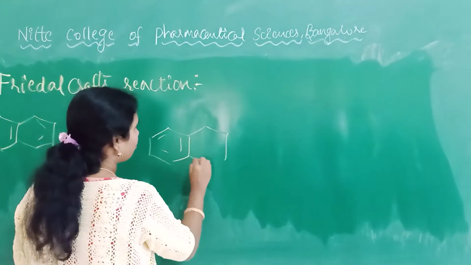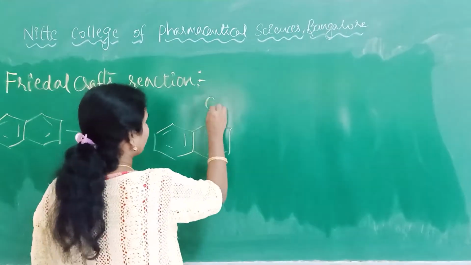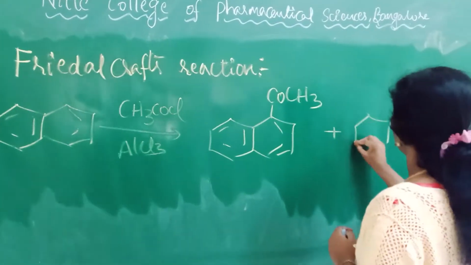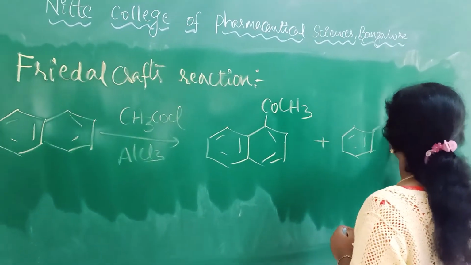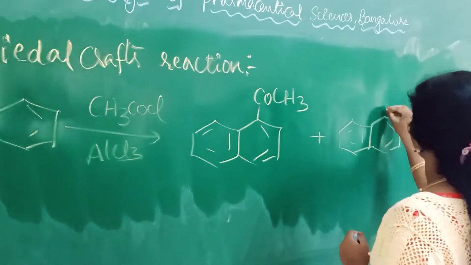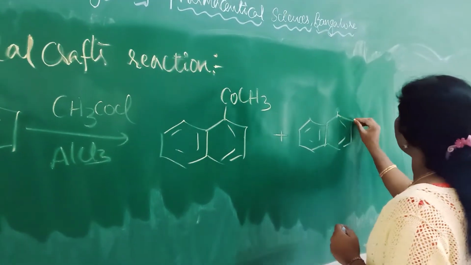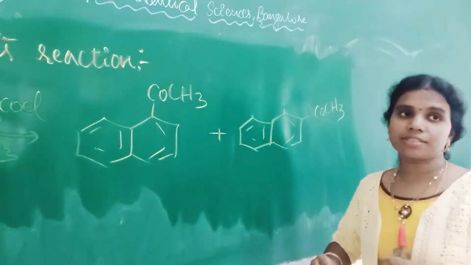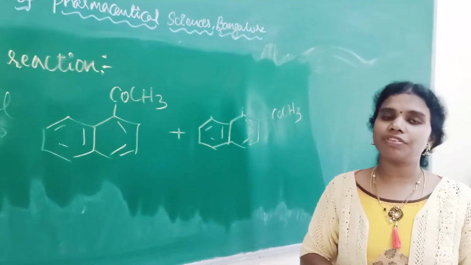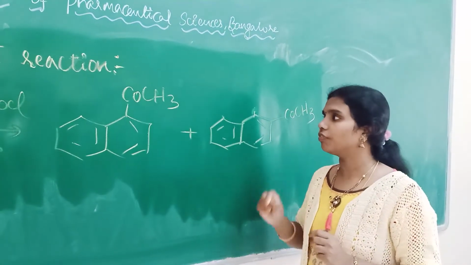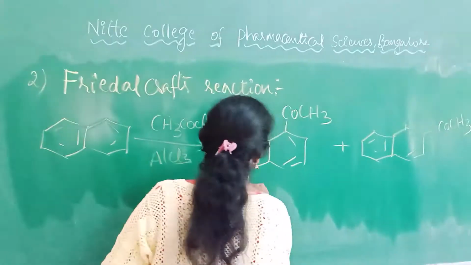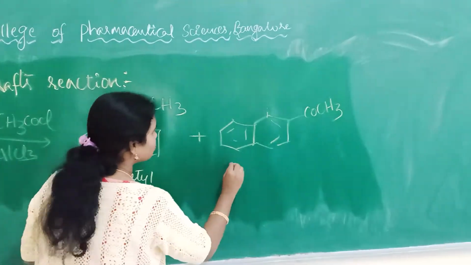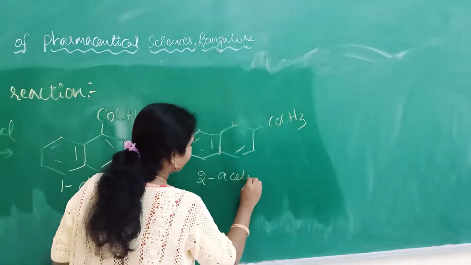One is 1-acetylnaphthalene and the second one is 2-acetylnaphthalene. The second position means the beta position, COCH3. As I told you, there are two exceptions, Friedel-Crafts reaction and sulfonation. So this is one of the exceptions. This is 1-acetylnaphthalene and this is 2-acetylnaphthalene.